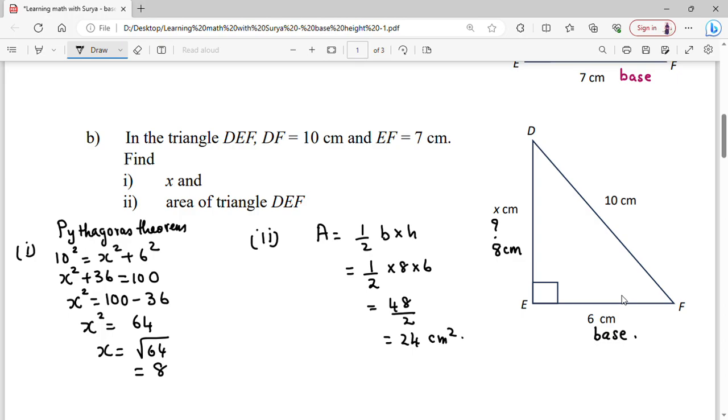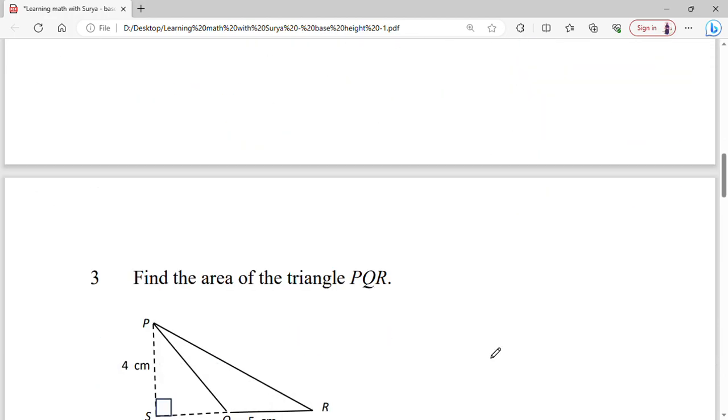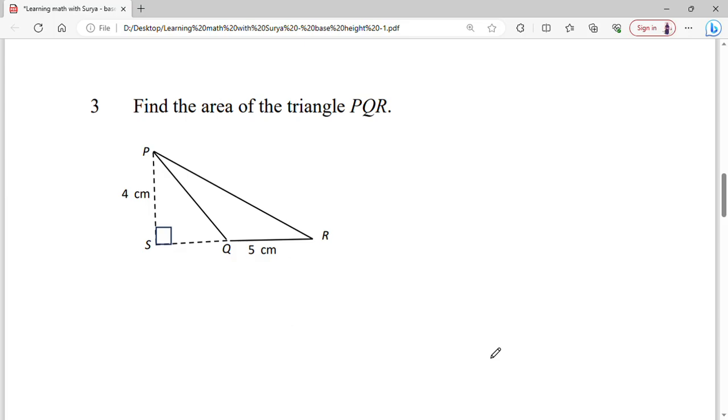And that is completed, and we need to really understand the base and which is the height, especially we need to identify, right? Okay, hope this is clear, and we can move on to the last question of this.